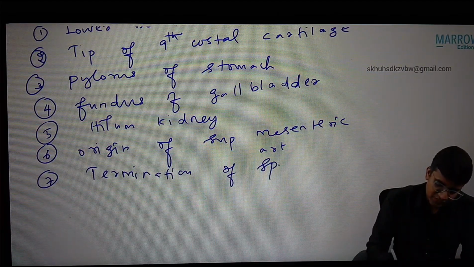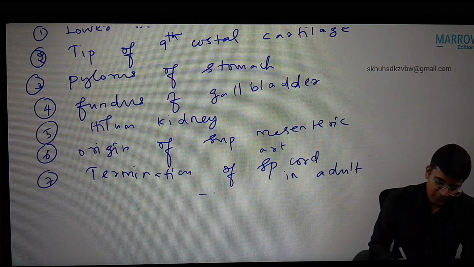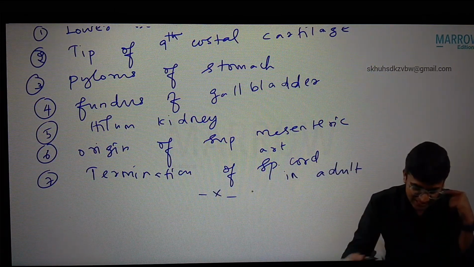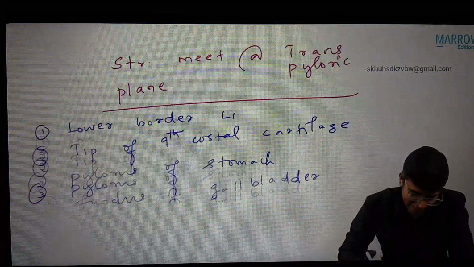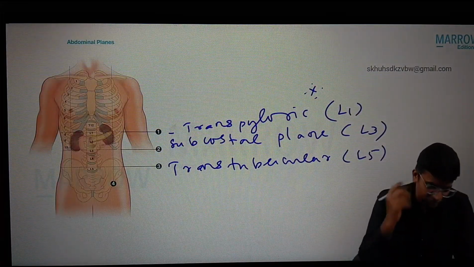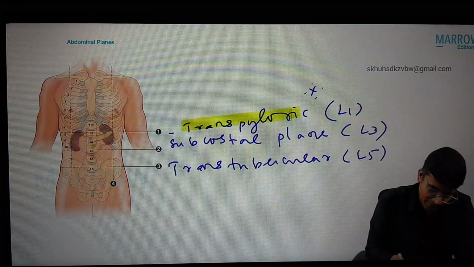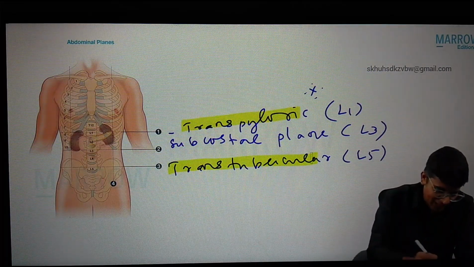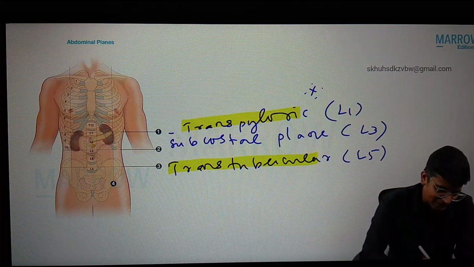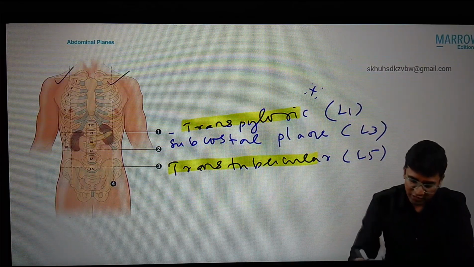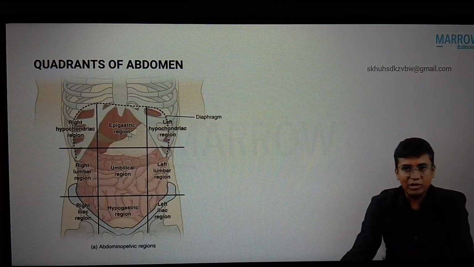These are the various structures which meet at the transpyloric plane. Now see the diagram. Now we're going to use this transpyloric plane and transtubercular plane and the two vertical lines drawn from the midclavicular line. By using these 4 lines, we're going to divide the abdomen into 9 quadrants.